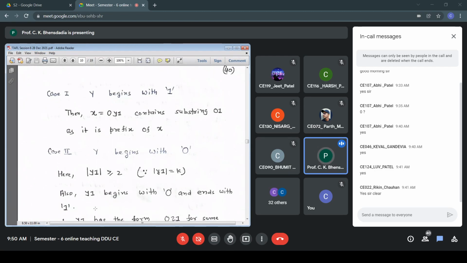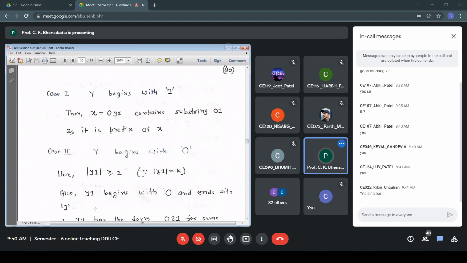Also, y1 begins with 0, since in this particular case y begins with 0. Therefore, the entire string y1 begins with 0 and ends with 1. Now our focus is on y1.